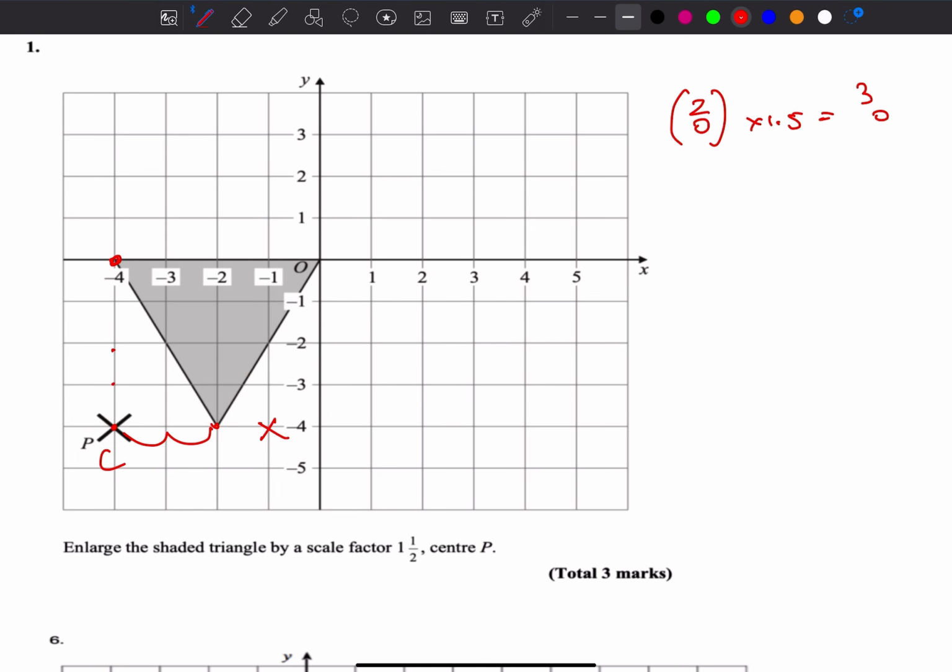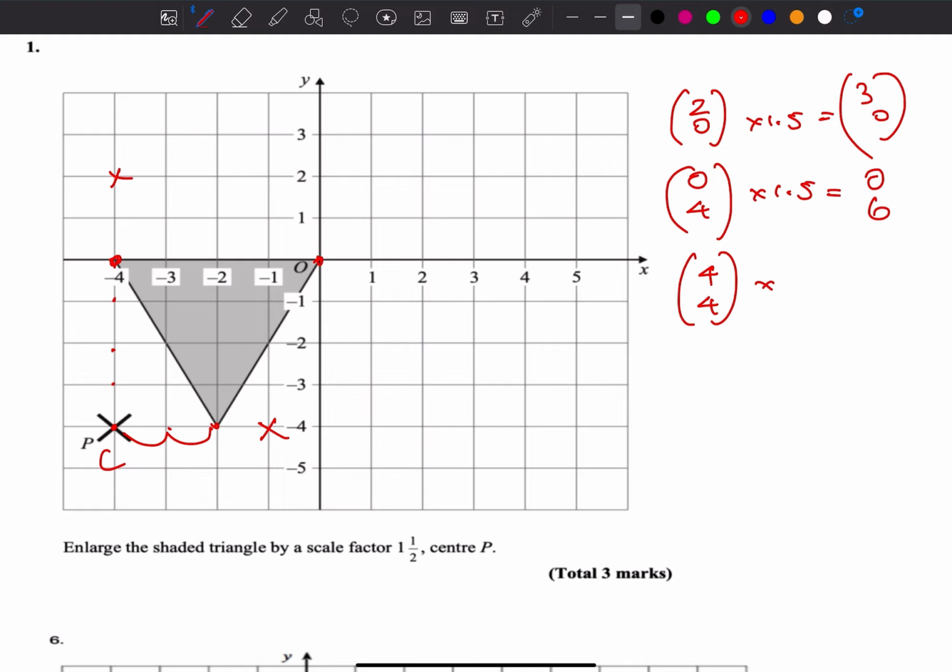That one. So you go 1, 2, 3, 4. 0 right and 4 up. Times it by 1.5, which is going to give you 0 and 6. Sorry, 0 and 6, which is here. Okay, and then this one, you go 1, 2, 3, 4 right, 4 up, times it by 1.5.